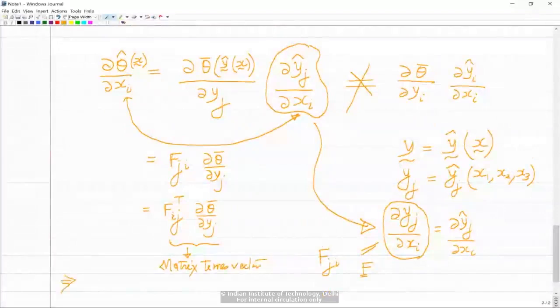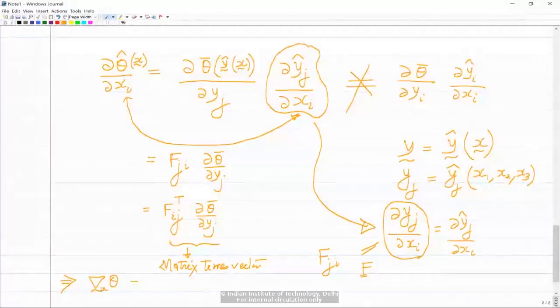So that means we can also write this as gradient of theta. See, on the left hand side, it's the gradient with respect to xi. So we can express ∂θ/∂x1, ∂θ/∂x2, ∂θ/∂x3, all three together as this vector, gradient with respect to x.